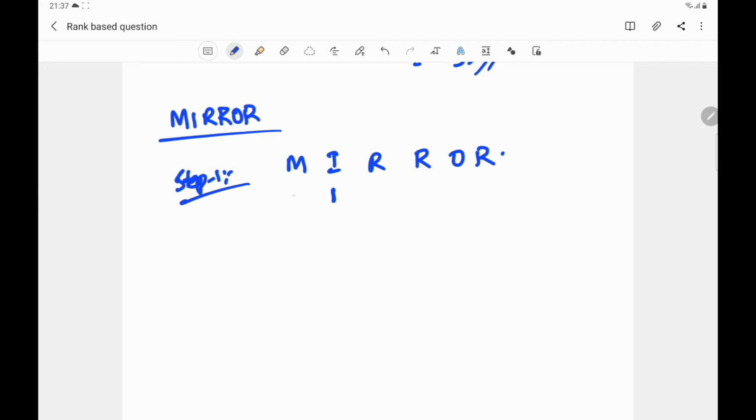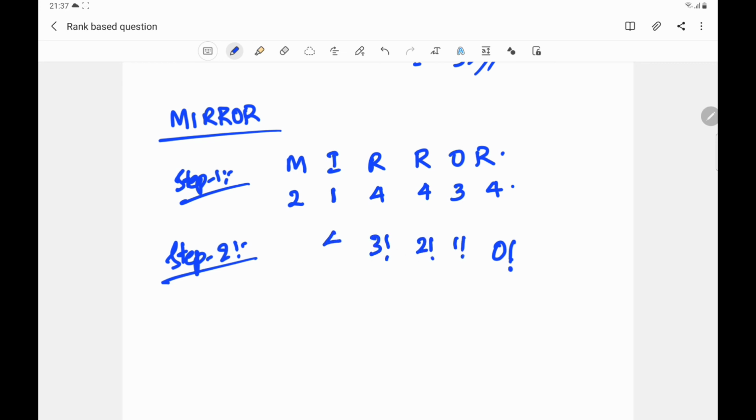The next letter would be M, so rank is given as 2. The next letter would be O, rank is given as 3, and for R it would be 4. Now step 2, simply write down the factorials starting with 0. This is 0 factorial, 1 factorial, 2 factorial, 3 factorial, 4 factorial, and 5 factorial.